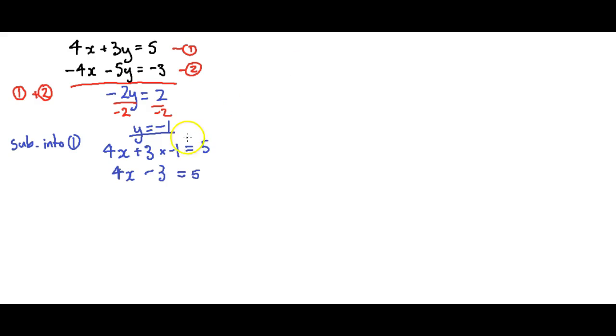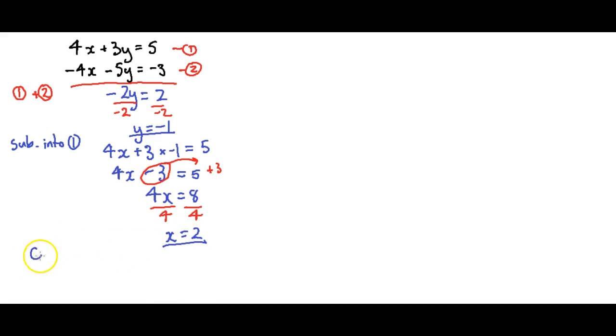I'm going to change the side and change the sign, so this goes over here and becomes a positive 3. And so 4x equals 8, and divide by 4 to get the x by itself. 4's cancel, leaving x, and 4 goes into 8 twice.